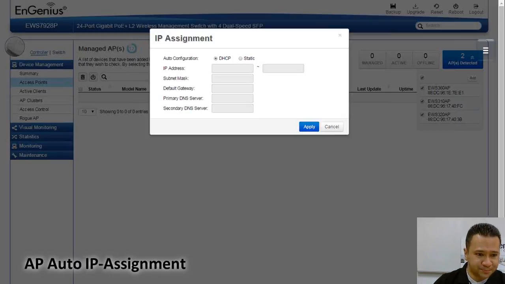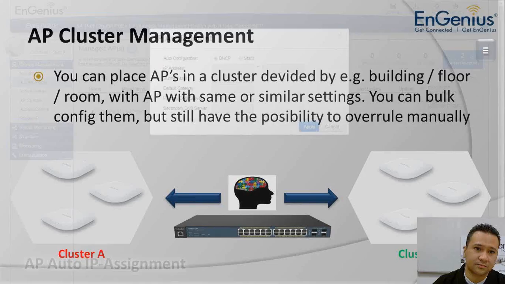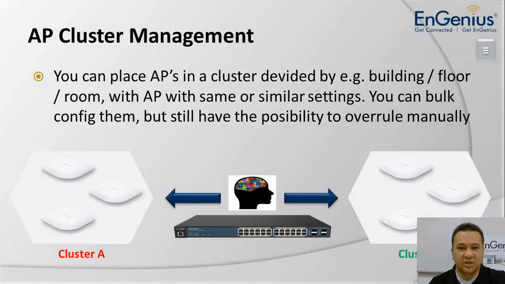So the next function, AP cluster management. Just in short, a cluster is a group of access points, and the function of a cluster is that you combine access points together and configure them at the same time.